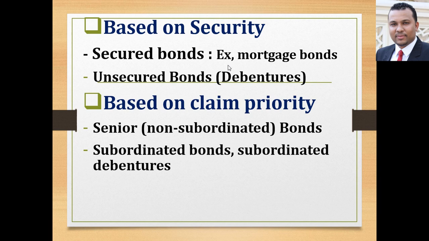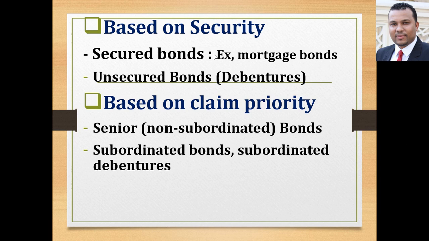This fixed asset is considered collateral for the secured bond. For any problem with the issuing corporation, the bondholder of a secured bond has the right to liquidate the asset used as collateral in order to get paid. This category we can call mortgage bonds, as an example of secured bonds.